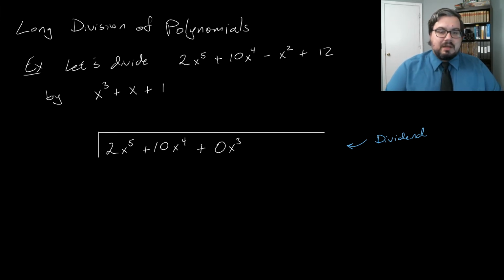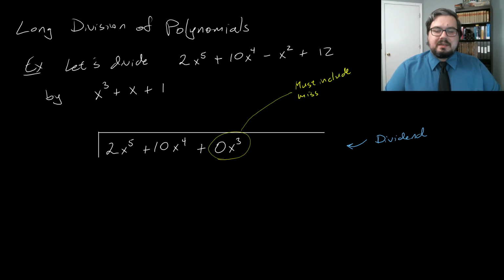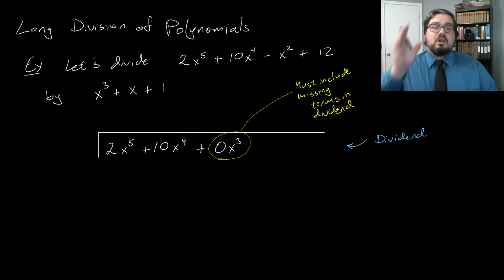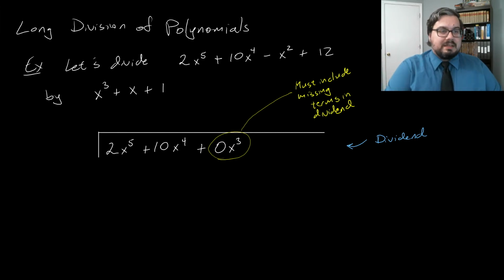So I'm going to make notes as we go through this to help out. So we must include the missing terms in the dividend, so that the terms of the dividend in our tableau go down by 1 degree each time.